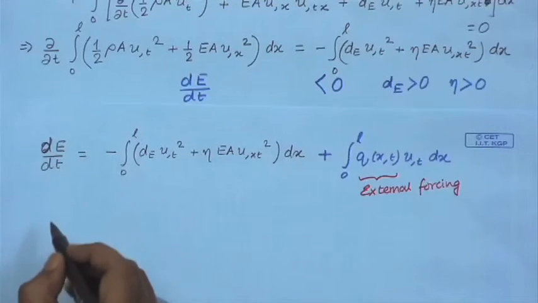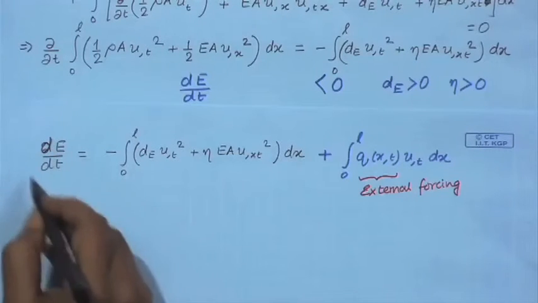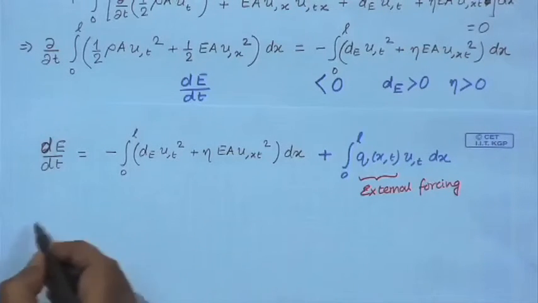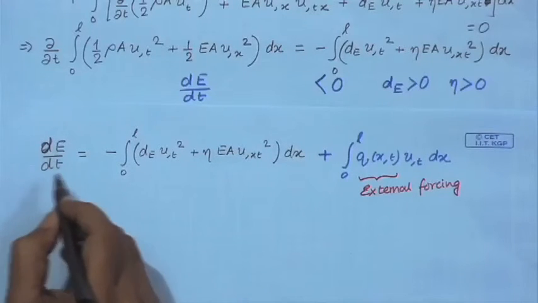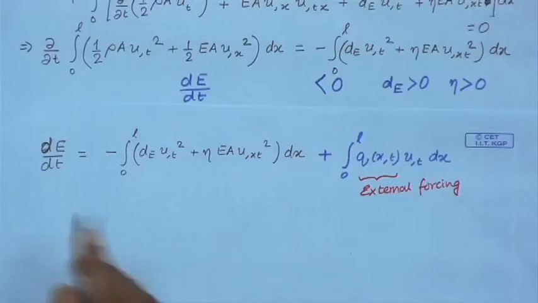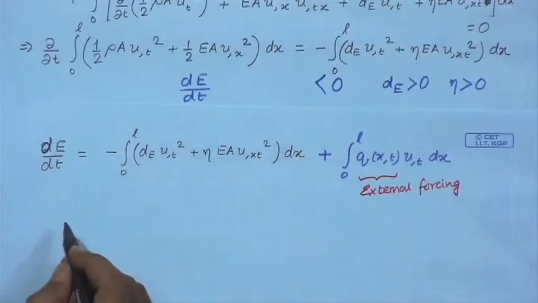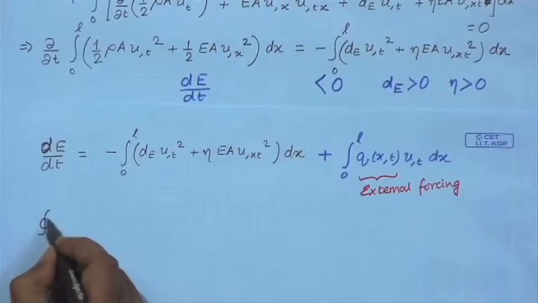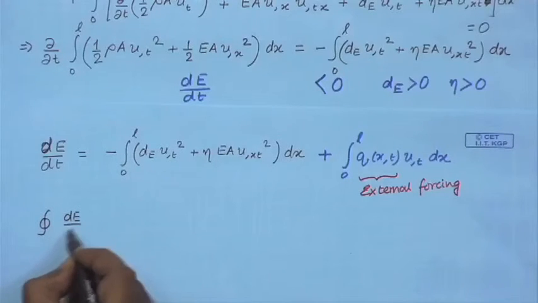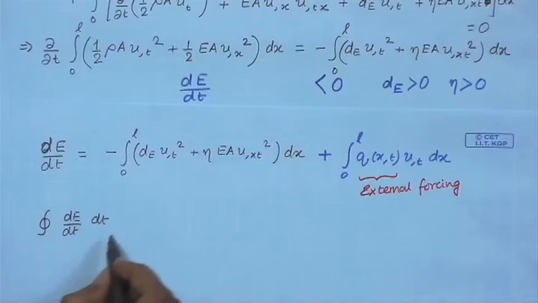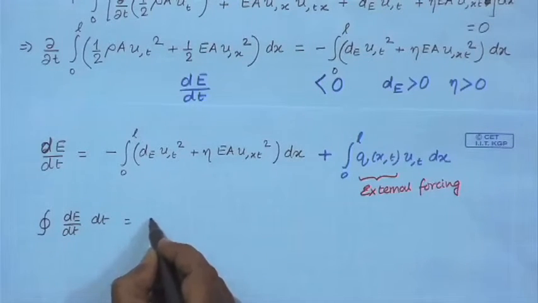So, from here you can estimate what happens at steady state. At steady state the motion is periodic, therefore, if I integrate this energy equation over one period, the change of energy must be 0.